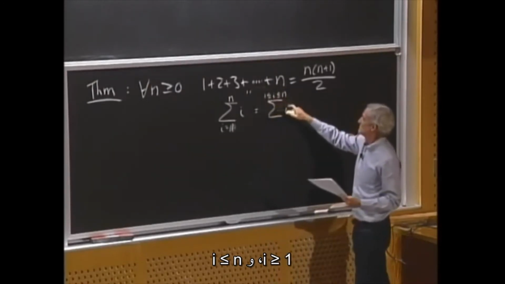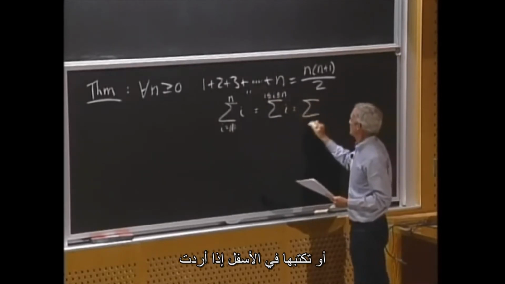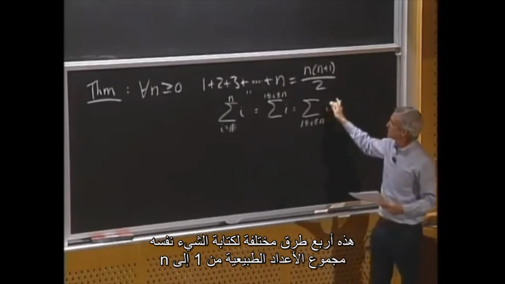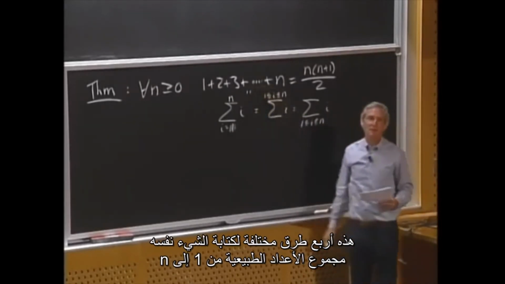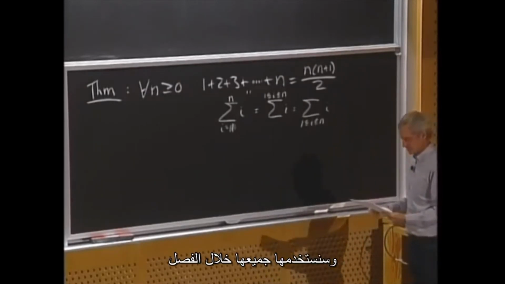So you could put the range from 1 to n on the bottom if you want. These are 4 different ways of writing the same thing, the sum of the natural numbers from 1 to n. And we'll use them all during the term.